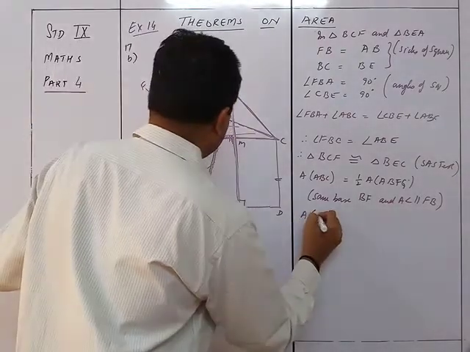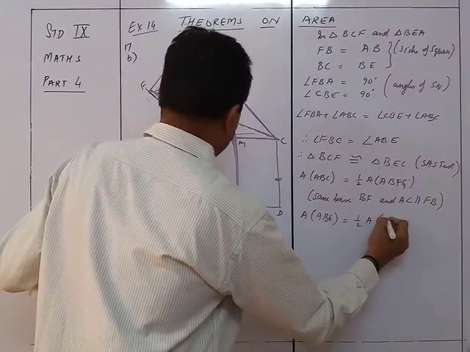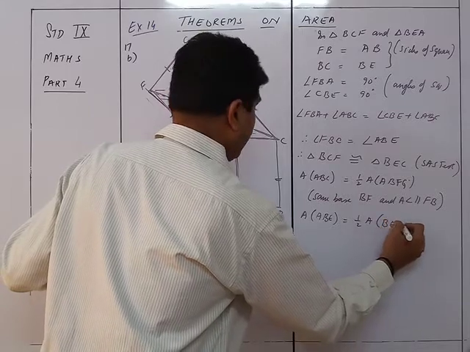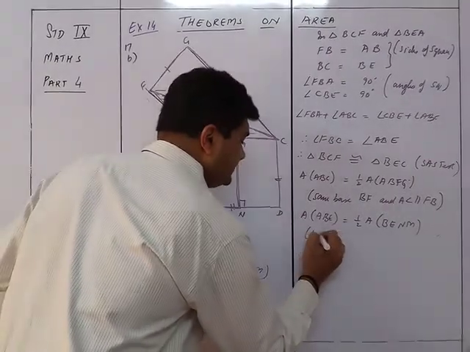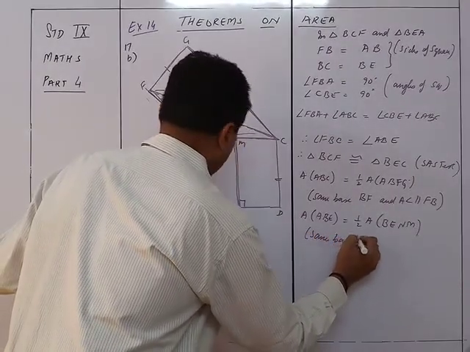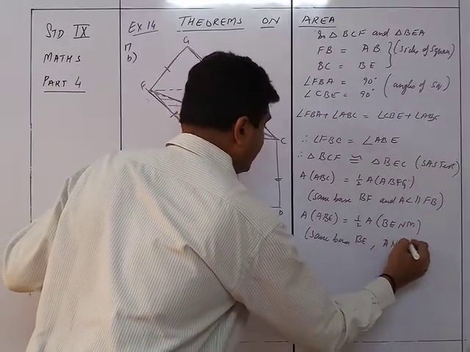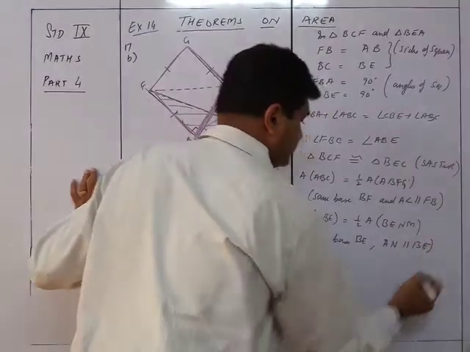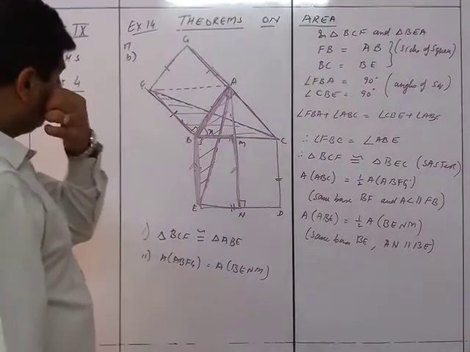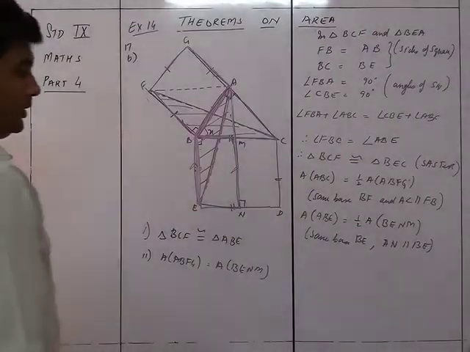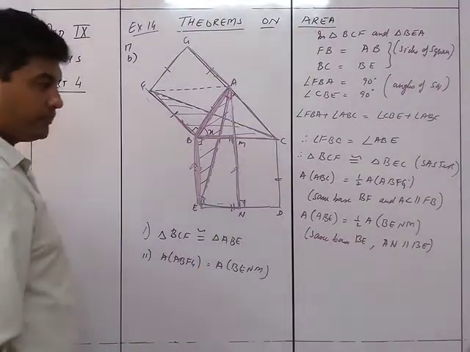So area ABE is equal to half area BENM, same base BE and AN parallel to BE. Okay, this and this are parallel to each other, because this is also 90 and this is also 90, so both being 90, they are parallel.